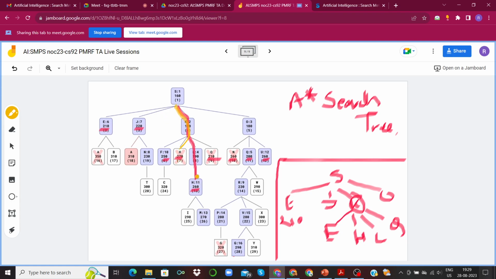And since this new partial path has a lower cost than the initial partial path we just found, we will mark this old H with a red cross, which basically means that this particular partial solution is not worth exploring further.